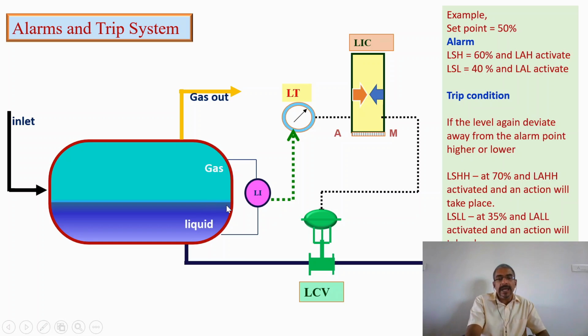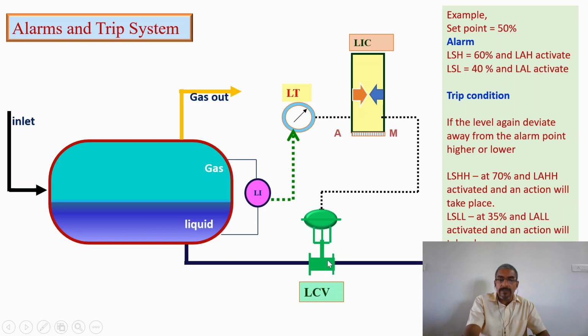So in case of a sudden flow increase, and the level increases to 51, 52, 53, in that case the level indicator reading is going high, and the level transmitter provides the corresponding reading to the controller. The controller set point is 50, so 53 minus 50, a slight positive deviation is there.